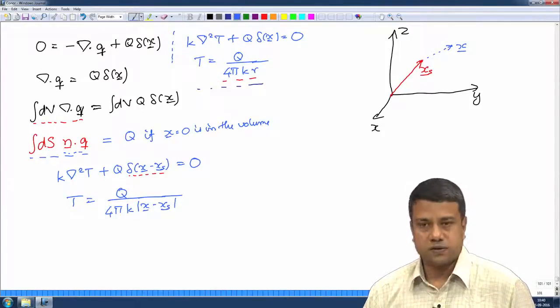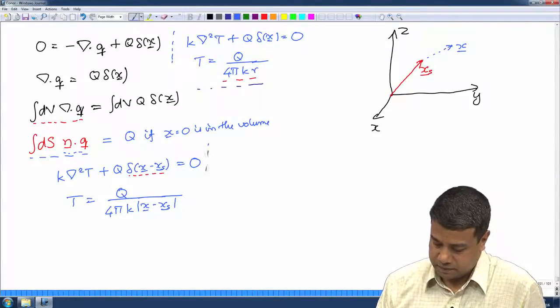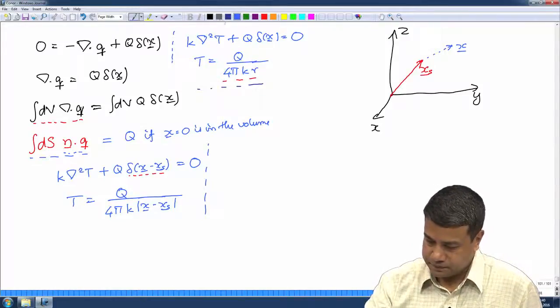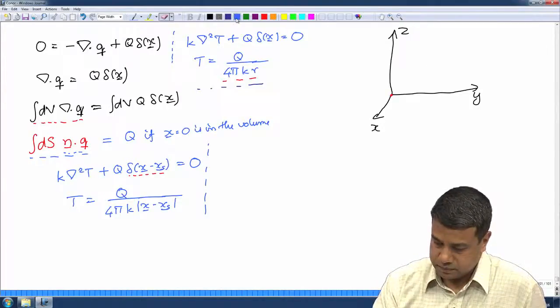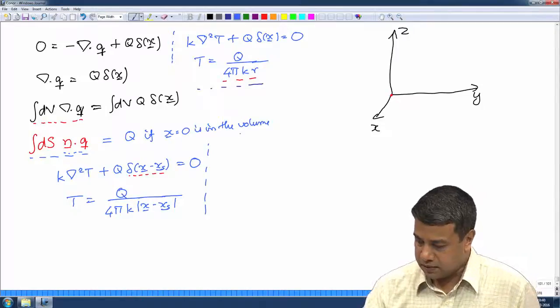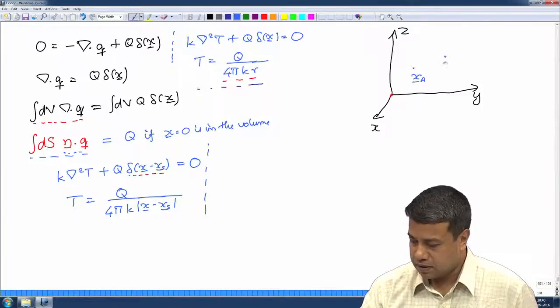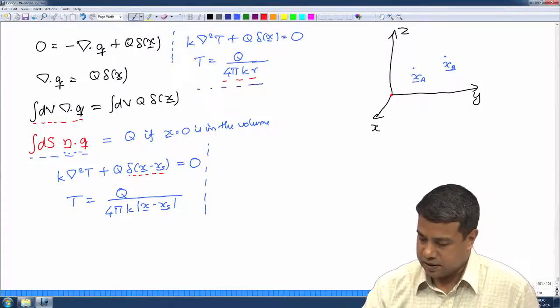If I had two sources in this problem, let us say that there were two sources located at two locations, x a and x b, and I wanted to find out what is the temperature at some location x.